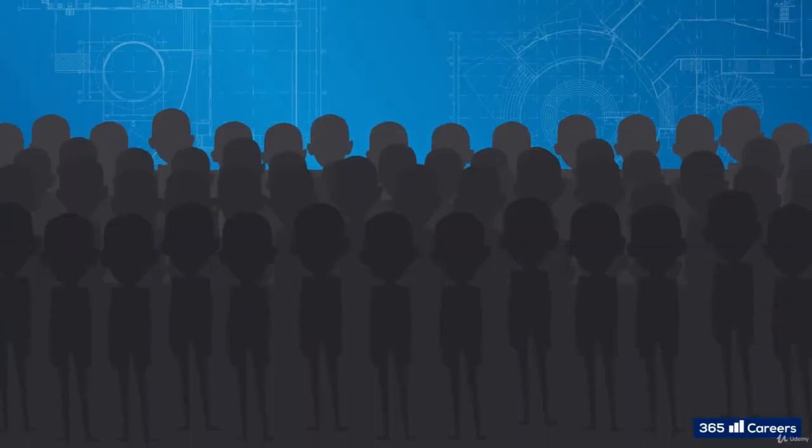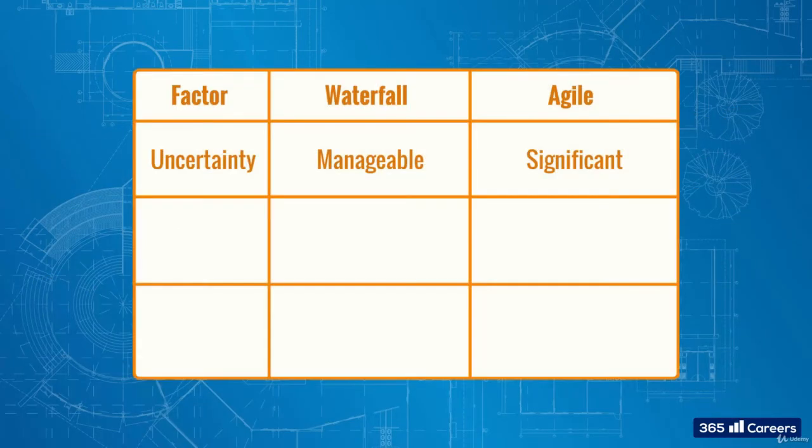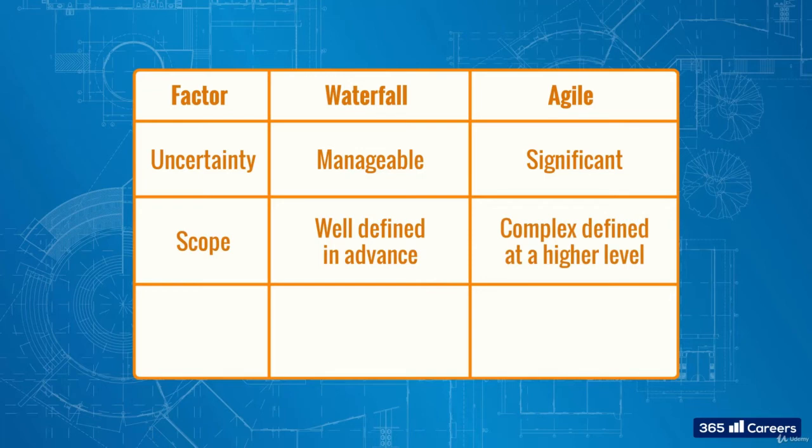Or, if the product will be used by the market, you can imagine how complex the requirements definition process can be in the case of a software product, which will be used by millions of users. So, if the stakeholders can agree on the scope from the beginning, waterfall may give you a more efficient way of achieving it. If not, you would need the flexibility of an agile structure.